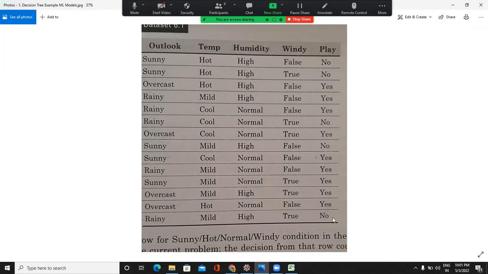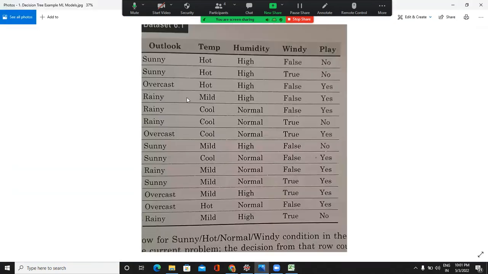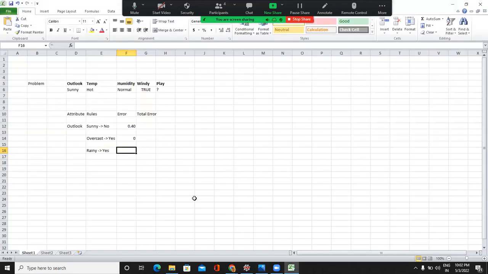If we directly say rainy means yes, how many times will we be wrong? Rainy yes, correct. Rainy yes. Rainy no. Rainy no. And rainy yes. So 2 out of 5 times again, we will be wrong.